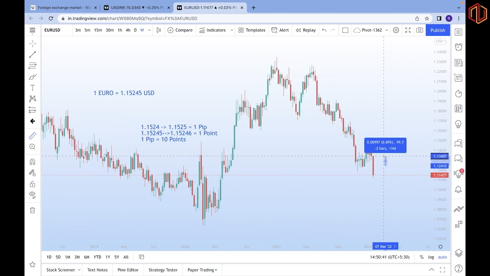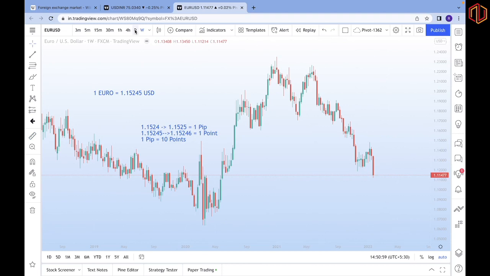So if you see on the right hand side, it says right now 99.7 or 102.8, right? So what it's doing is it is telling you the value in pips. The fourth place of decimal is what you can see in terms of the calculation. So this is a movement of 100 pips.